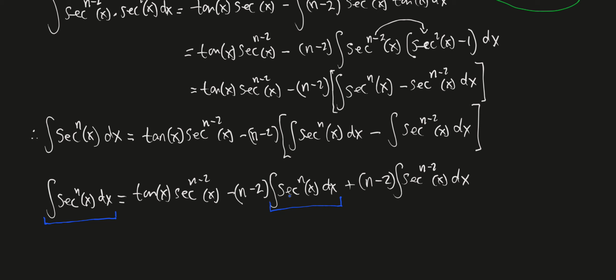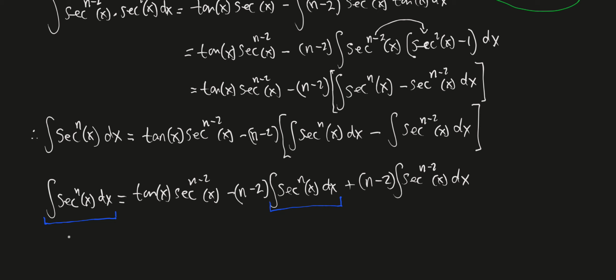Well, here we're going to use the same type of algebra to simplify and get this specific type of formula that we will need. So what I'm going to do is take this term and move it over to the left. And when I do that, this sign will become a positive sign. So let's do that.